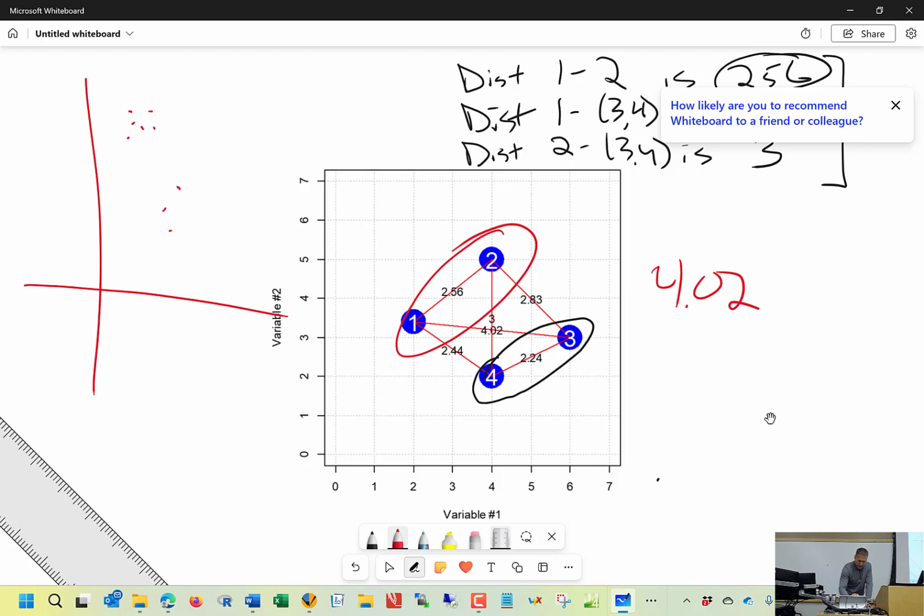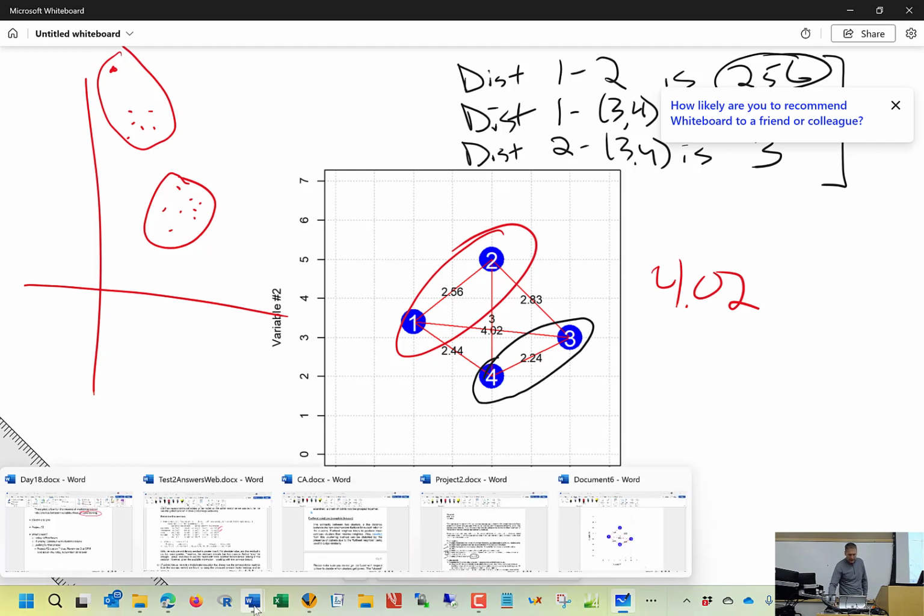Suppose we have two kind of compact clusters, but then we also have one outlier in one of those clusters. You can see how that's going to distort the distances between these two clusters, because I have this one thing that's far apart. And so that can cause problems trying to find observations that are similar to one another and put them into nice clusters. So that's why this isn't a perfect method.